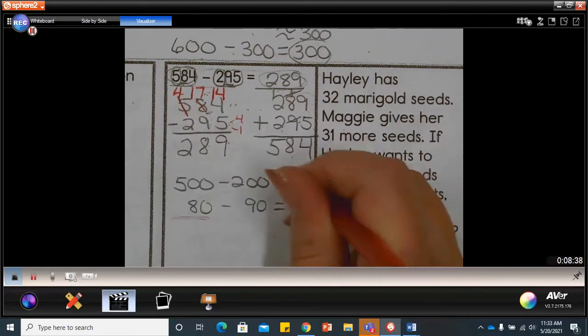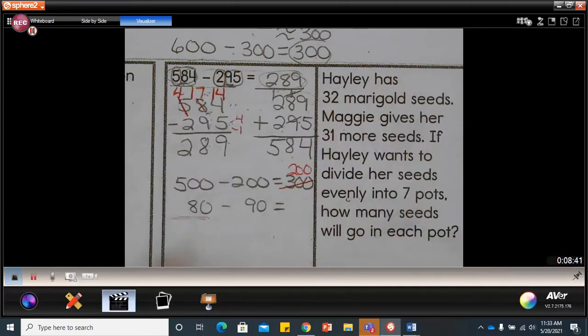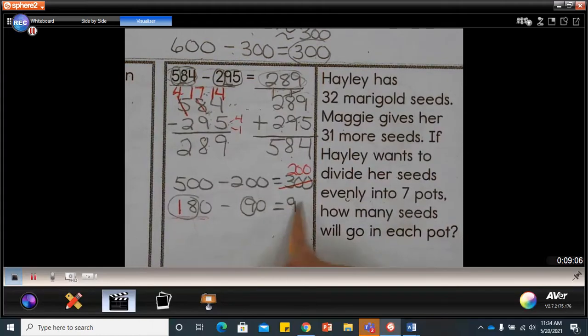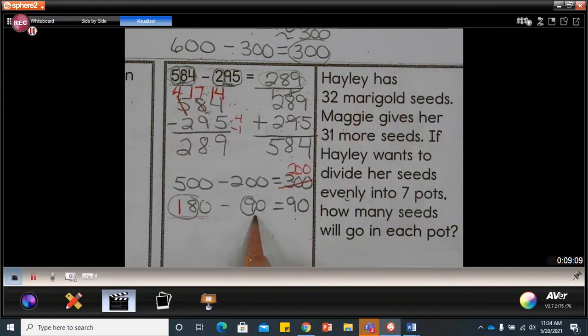So I'm going to regroup or borrow 100 from here, and I'm going to add it there. Regroup means I'm going to take it from one place value and use it for another place value. All right, so now 180, or 18 tens, is going to leave me with 90, because 90 plus 90 is 180.